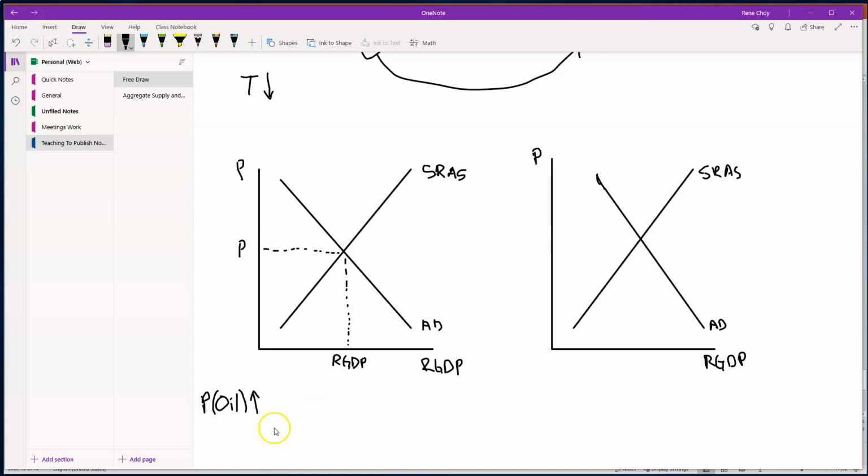So an increase in the price of oil can create a stagflation situation where your short-run aggregate supply will shift to the left.